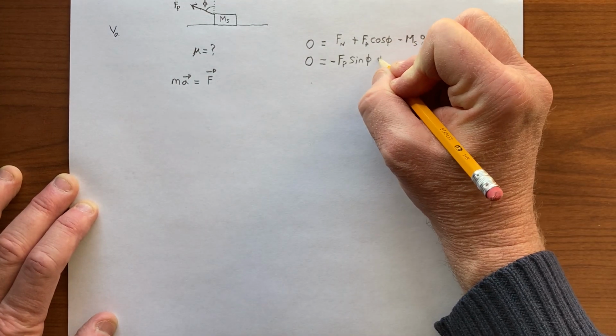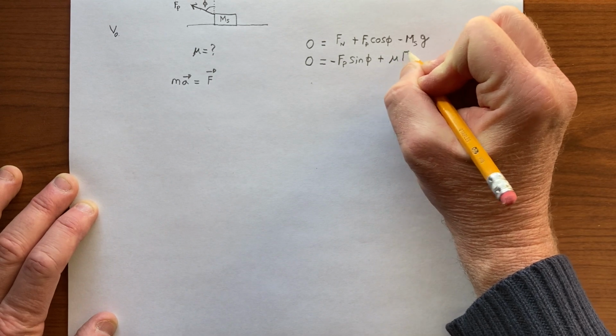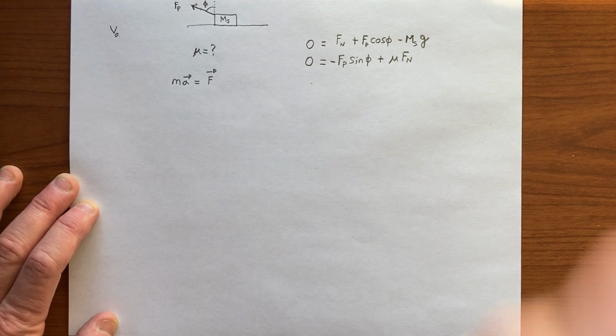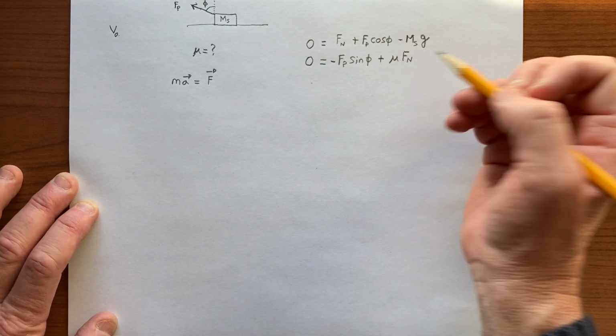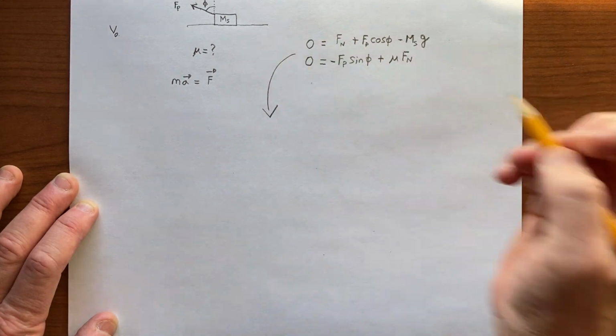And then we have a frictional force to the right, which to the right normally is positive, so we'll do plus mu Fn. And so we see that we want Fn, and once we have Fn, we'll be able to figure out mu.